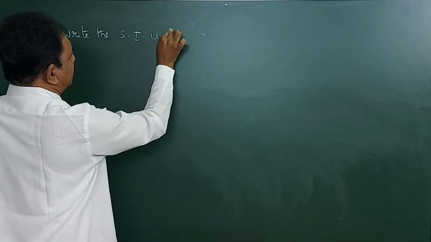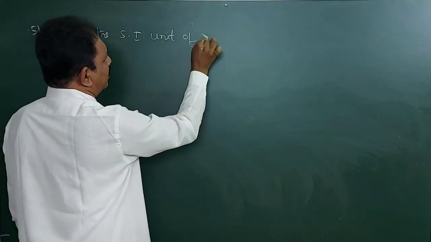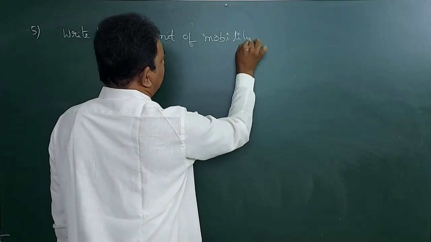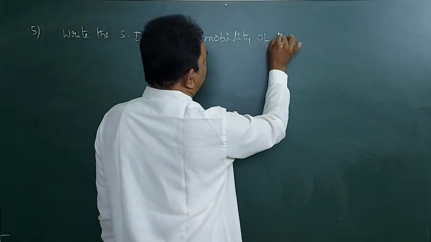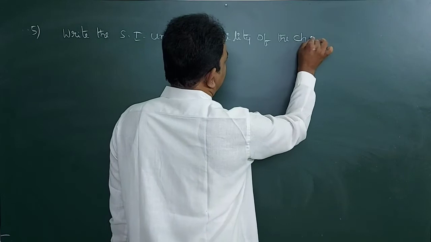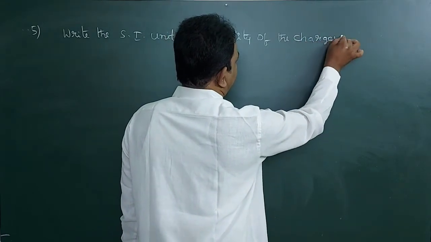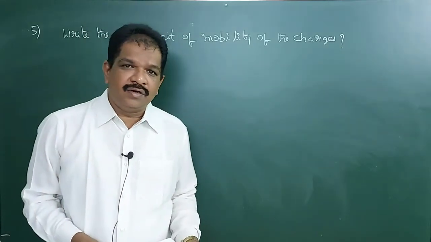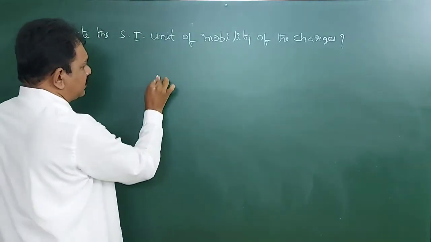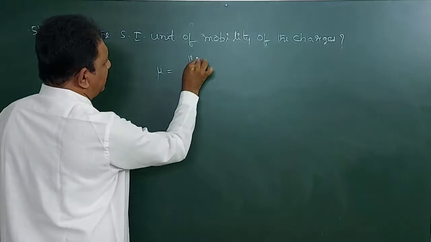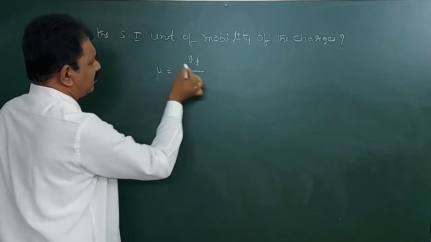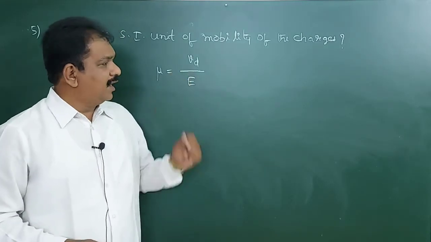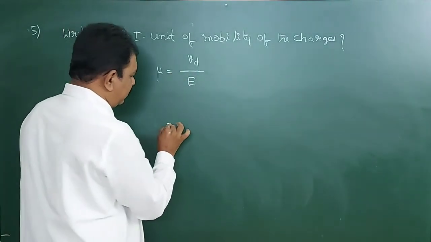Already just now we discussed, the formula for mobility is mu is equal to Vd by E. For velocity, what is the SI unit?